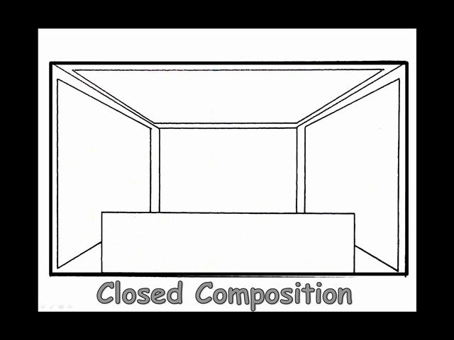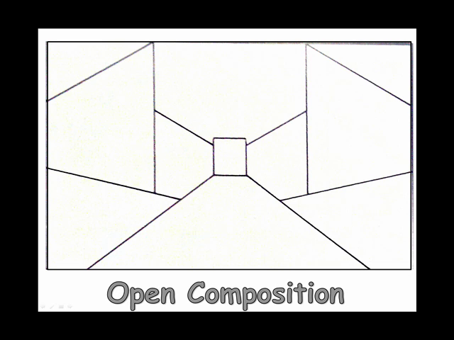You're not really considering what might be outside of the frame. That's closed composition. And then open composition, which is the opposite, where you look at it and your eye is actually led towards the edge of the frame and possibly beyond what might be outside of this particular frame. Okay? And we'll see that manifested in some of the paintings and some of the images that we're going to look at.